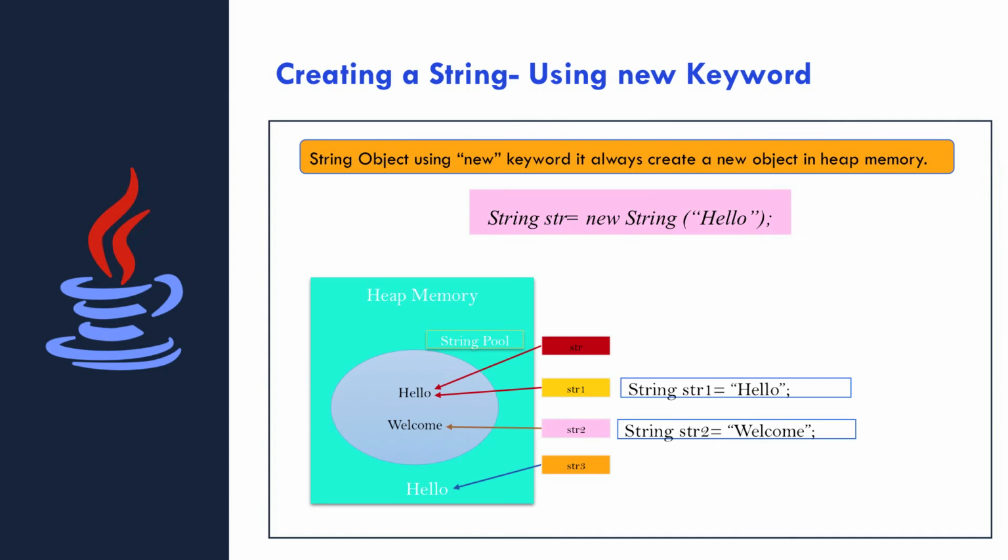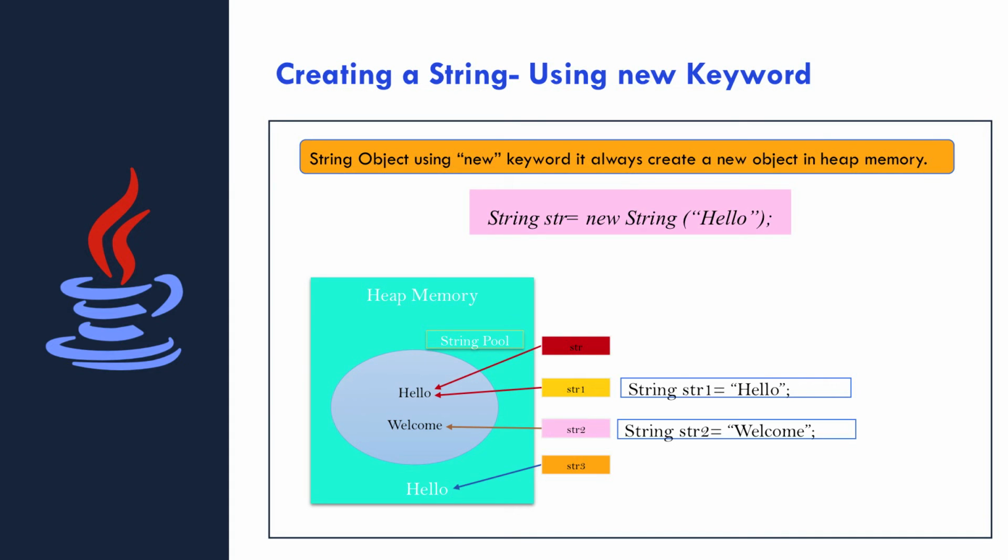Now the other way of creating a String is by using the new keyword. Whenever you use the new keyword, it is going to create a new object in heap memory. For instance, if I say String str3 = new String("hello"), there will be a new object created in heap memory, like any other object which gets created in memory.